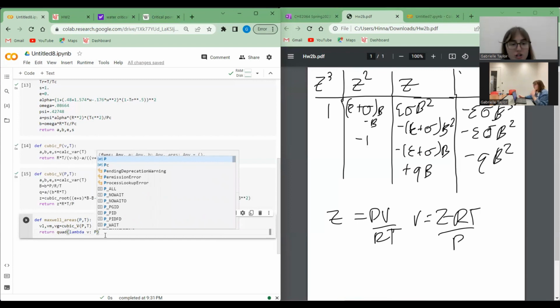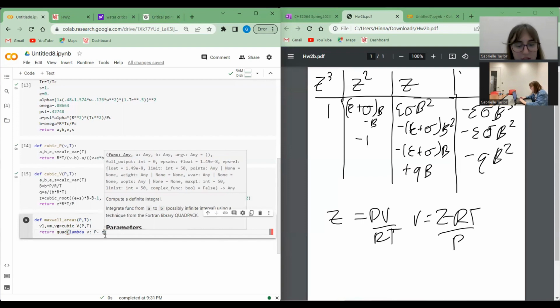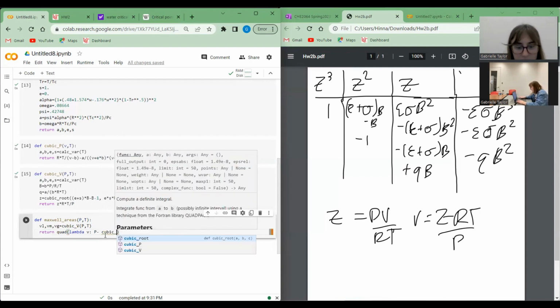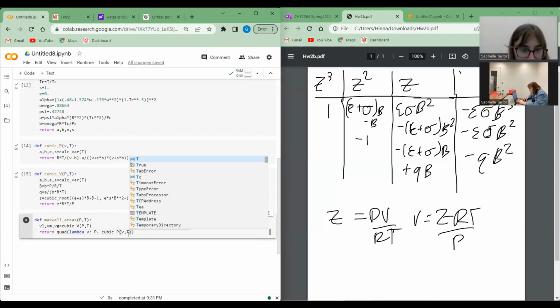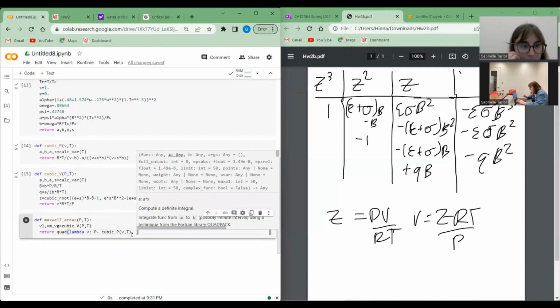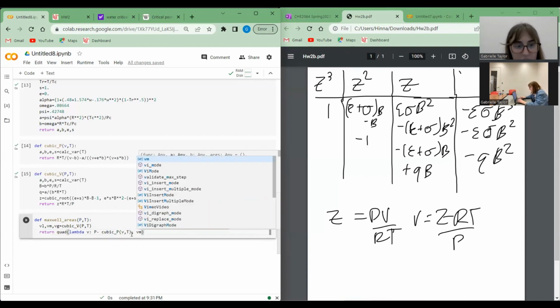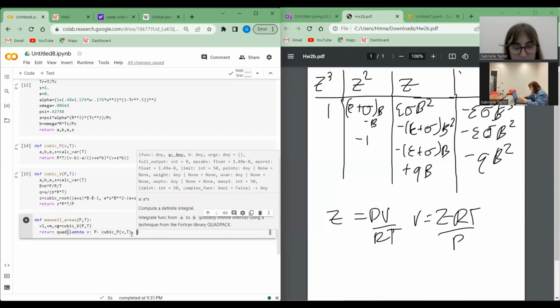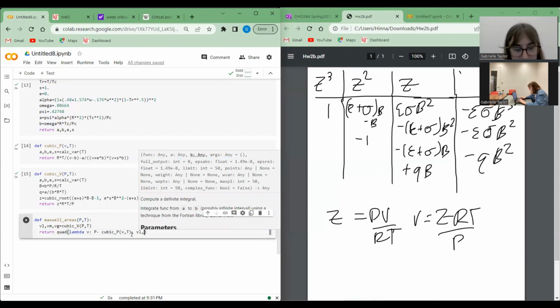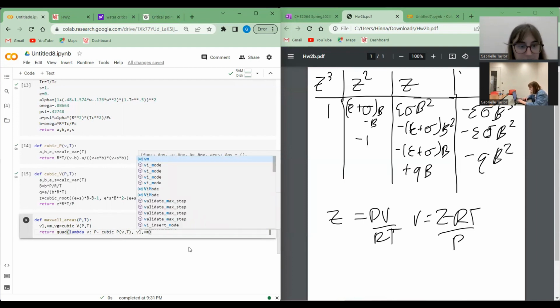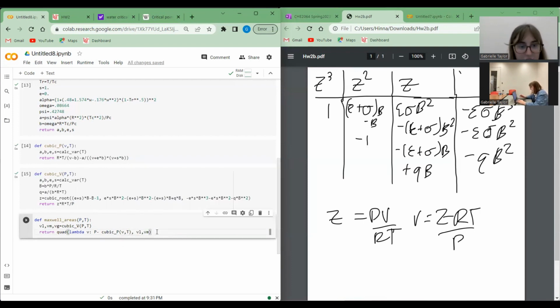So this is going to be the pressure, and we're going to subtract the cubic, based off of volume and temperature. So we're going to have VL and VM.